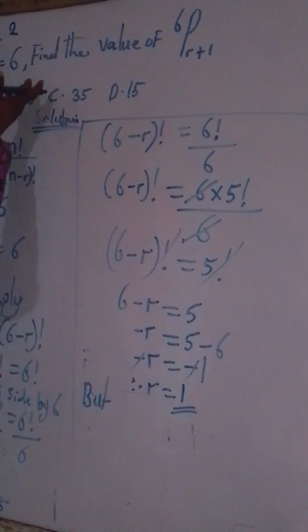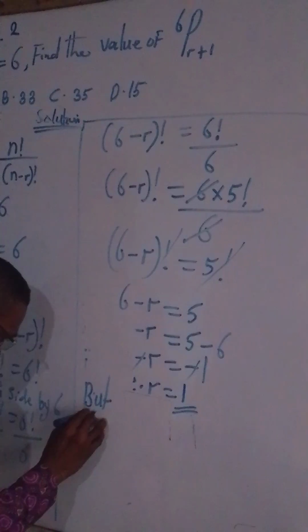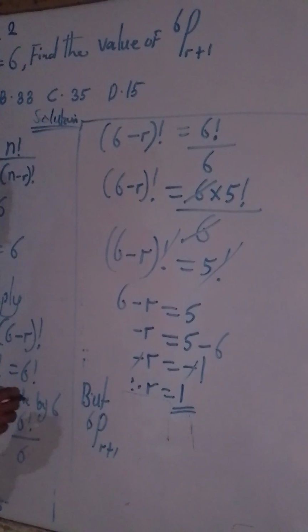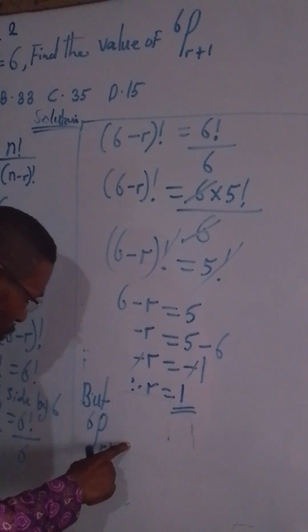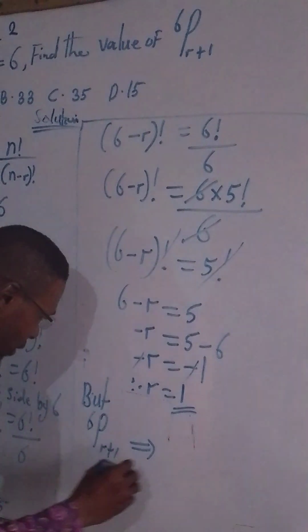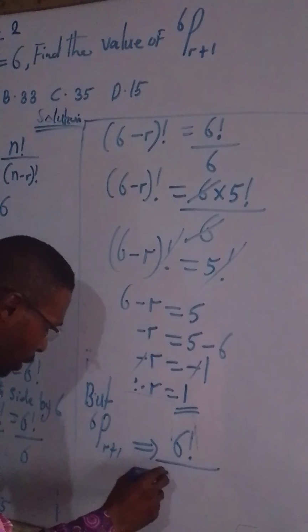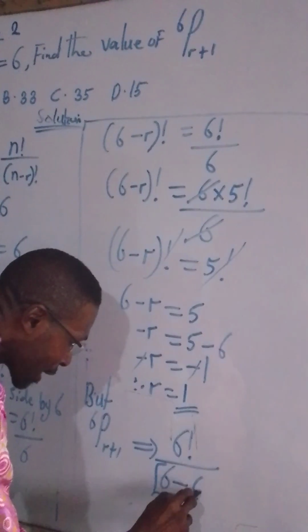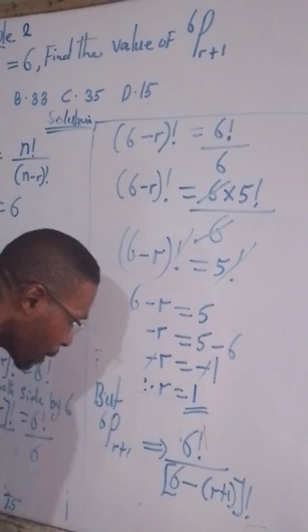But from this question, they say find the value of 6 permutation (r plus 1). How are we going to do this? You all know that this will be 6 factorial over (6 minus (r plus 1)) factorial.